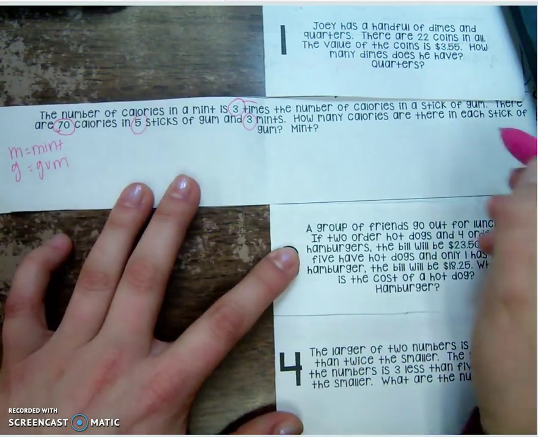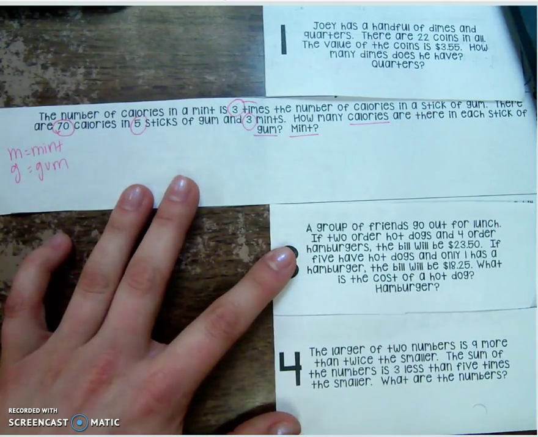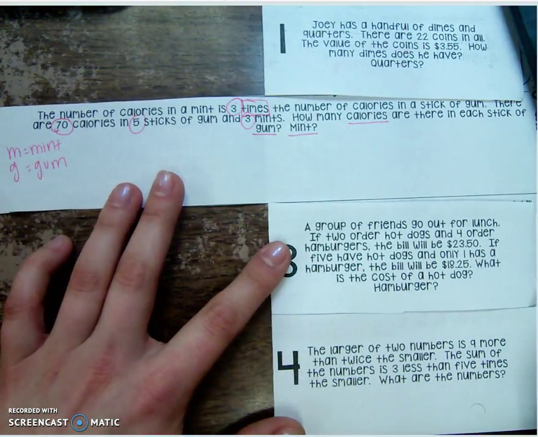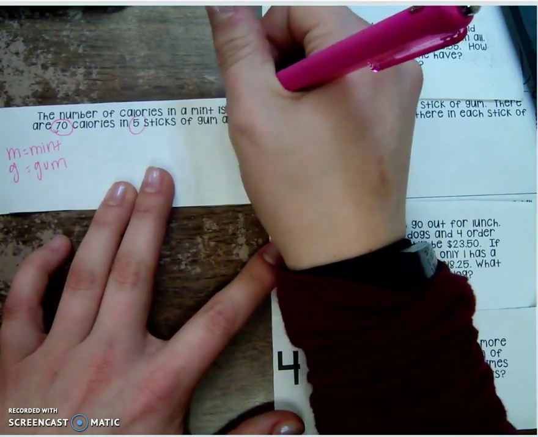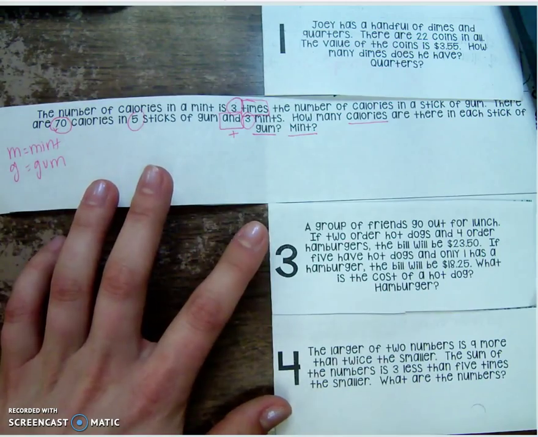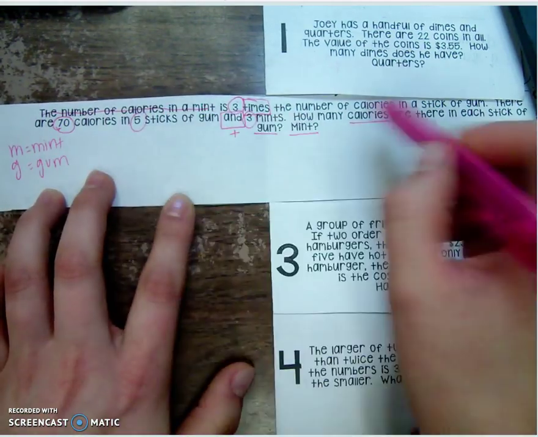Underline the question. We want calories in gum and mint. And then box. We see that times, and the plus word or addition word. And then you can eliminate the rest. Nothing else really matters.